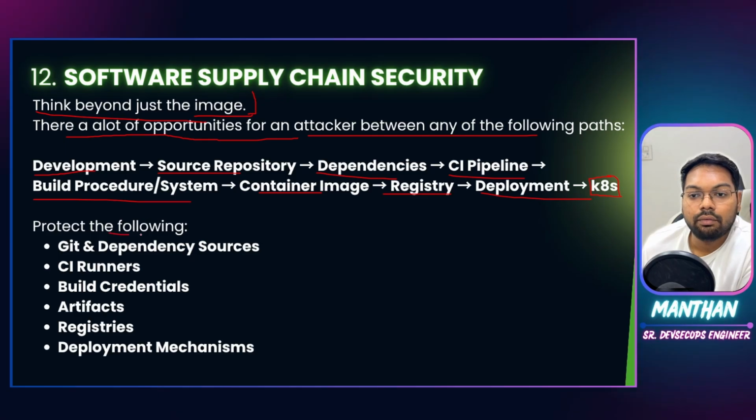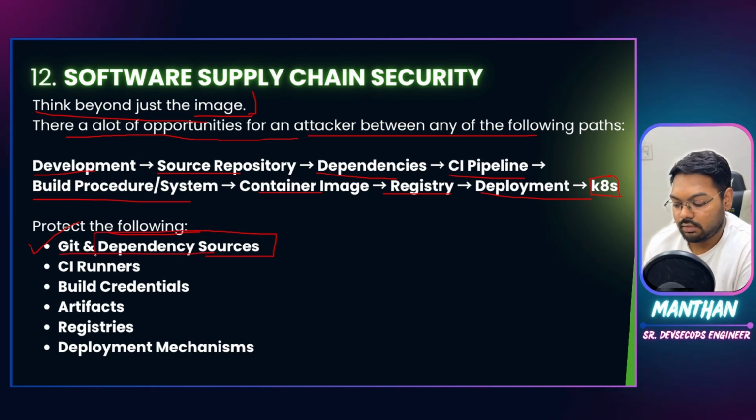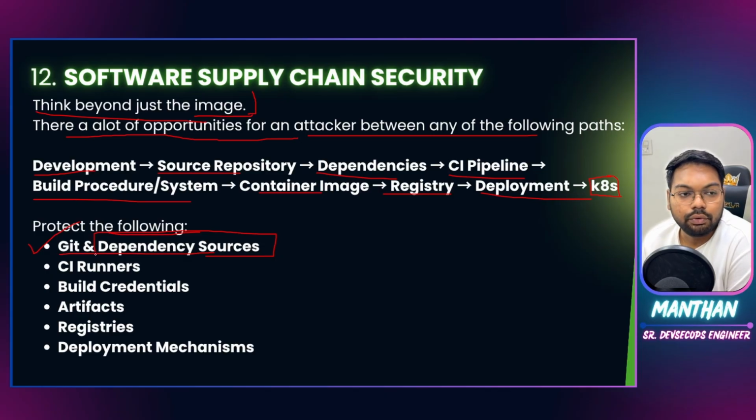Protect the following to minimize supply chain risks. First, Git and dependency sources. Most people use open source dependencies or third party libraries, so you need to check their authenticity and license. Who was the creator? What code is inside these libraries?